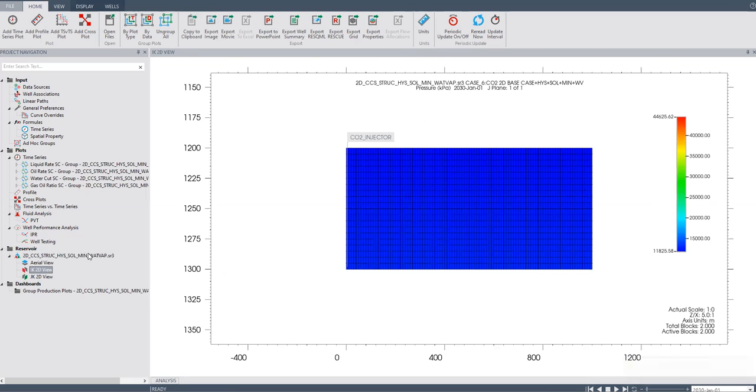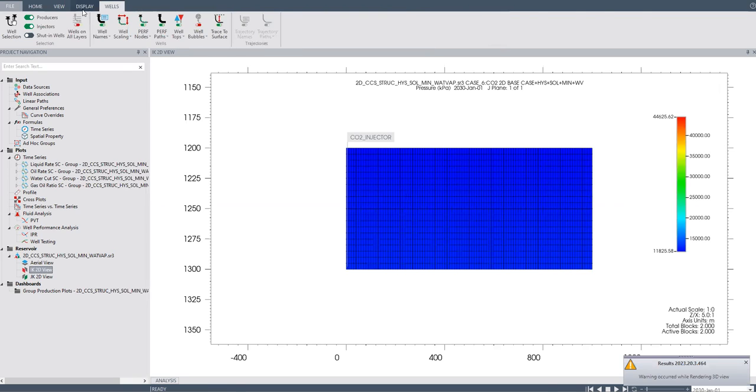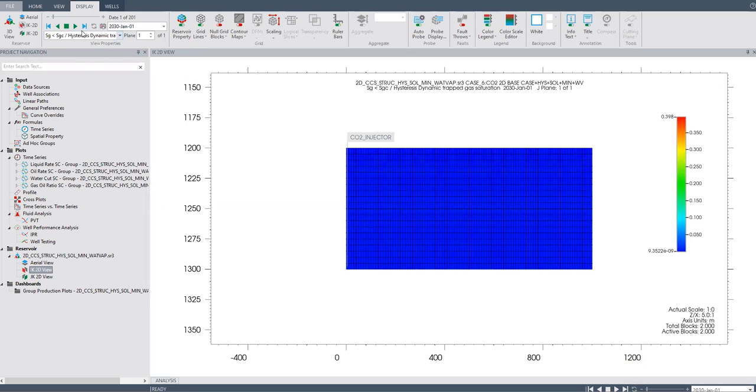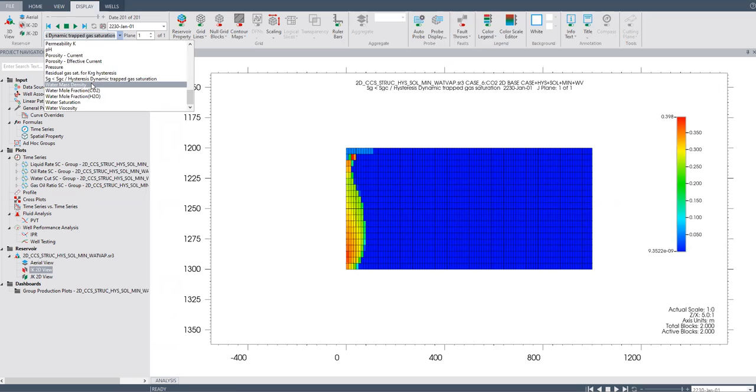IK2D view. Let's start with the basic thing, maybe this one: gas saturation below the critical gas saturation, hysteresis dynamic trap gas saturation. Play. As usual, we are already quite familiar with this. That's basic, let's fast forward. Done. And we are also interested in water mass density.